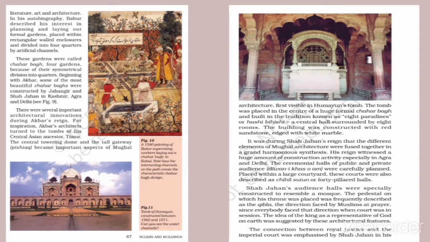The central towering tomb and the tall gateway, also called Pishtaq, became important aspects of Mughal architecture, first visible in Humayun's tomb. Shah Jahan fused different elements of Mughal architecture. Diwan-i-Khas, then Chahar Bagh, meaning four gardens, the Taj Mahal, etc. were some of the most accomplished structures built during the reign of Shah Jahan.